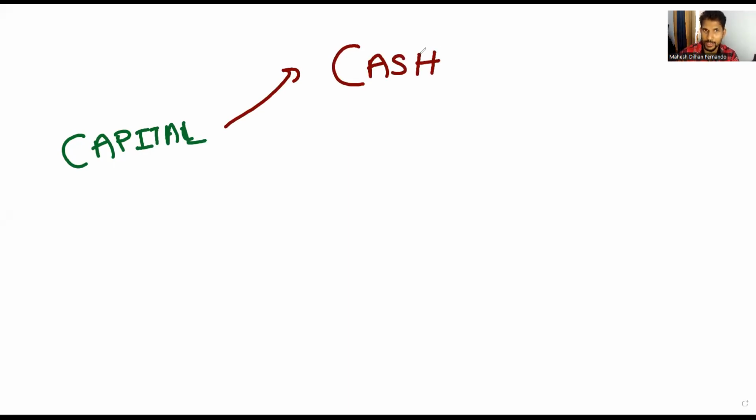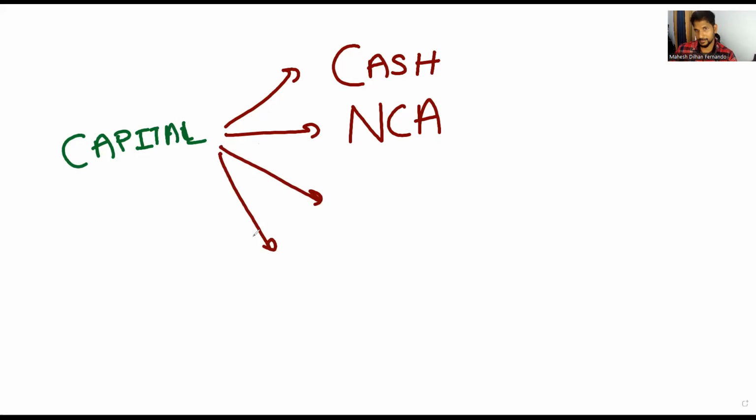Second, he can introduce capital in any other assets, let's say non-current assets: office equipment, land, a building, a motor vehicle, sometimes computer equipment. The owner can introduce capital either in cash or non-current assets. Got it?